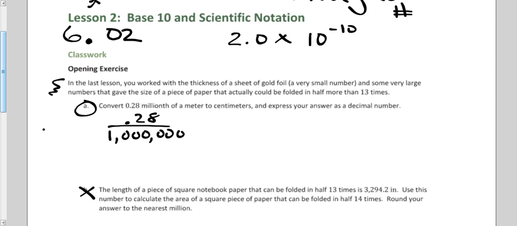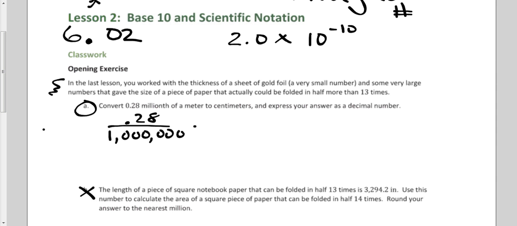Now, when I'm dividing by a million, which way do I move the decimal point? Left or right? Left. So I take this 0.28 and I move the decimal point to the left. Why is it to the left? Because moving it to the left makes it smaller, right? If I'm dividing by a million, I'm making it smaller, right? Yeah, that's what this means, right?